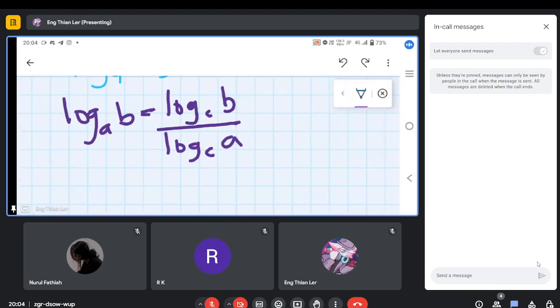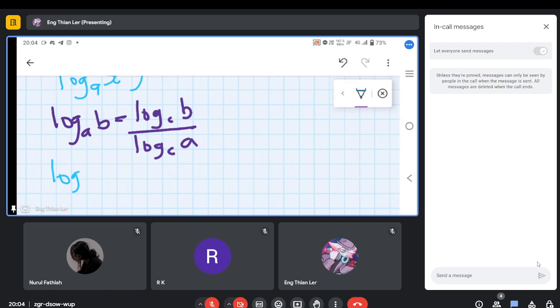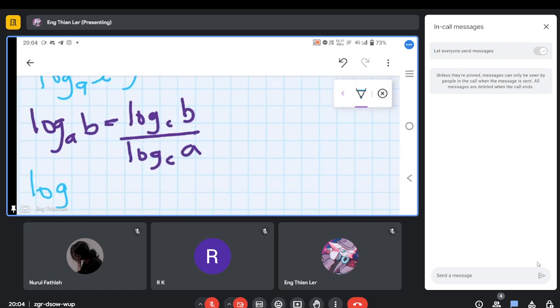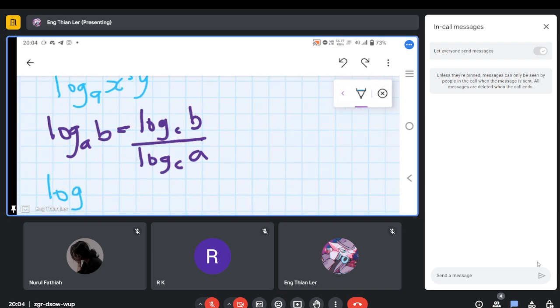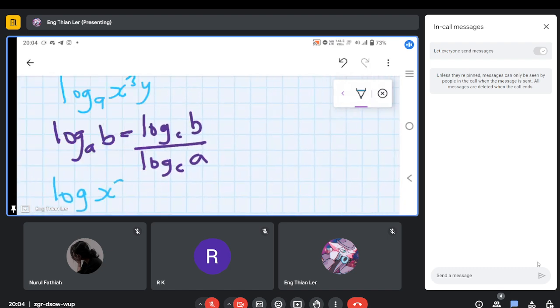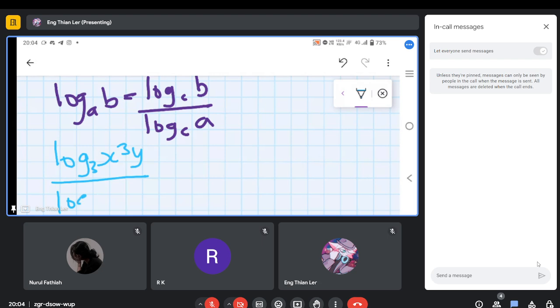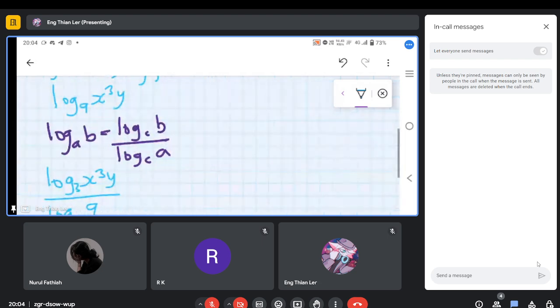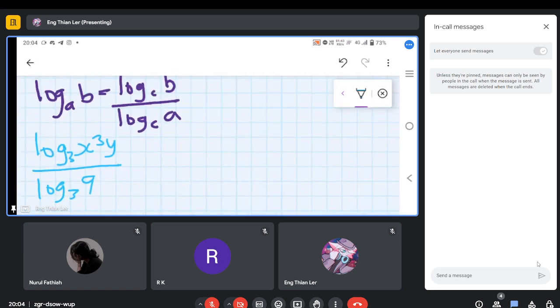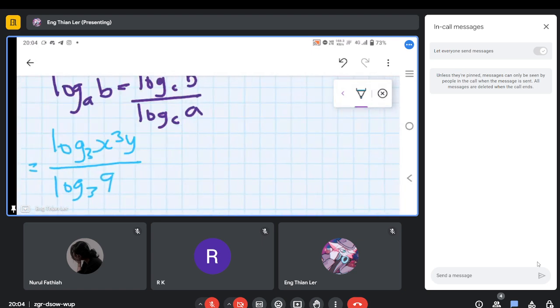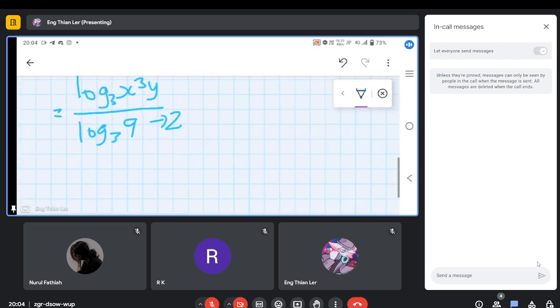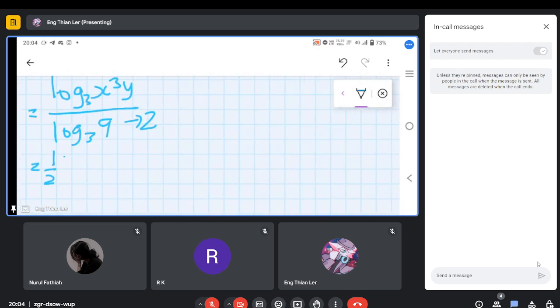So we can write everything as log x cubed y base 3, and we divide by log 9 base 3. We know that 3 squared is 9, right? So this will be just 2. You will get 1 over 2 log x cubed y base 3.